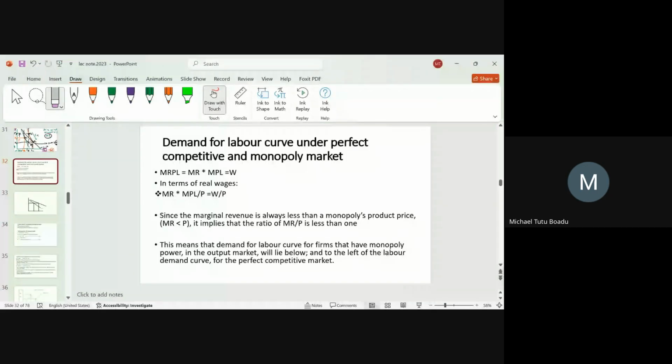As we have established already, the marginal revenue product of labor, MRP, is equal to marginal revenue times marginal product of labor. And at equilibrium, this should be equal to the wage. Please note, for a perfect competitive firm, marginal revenue is the same as price.